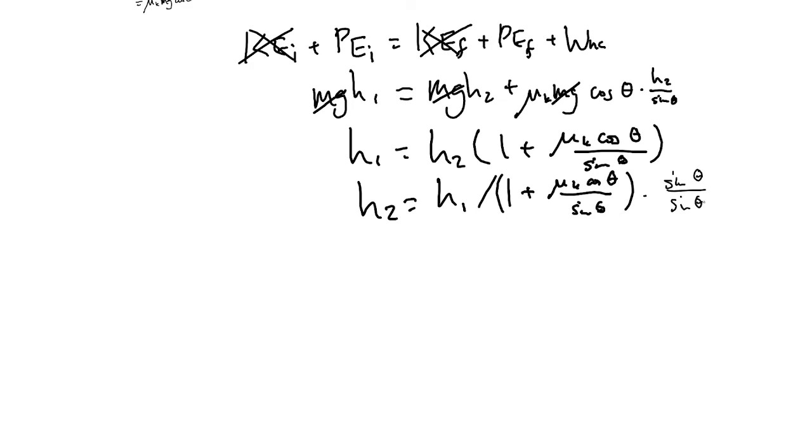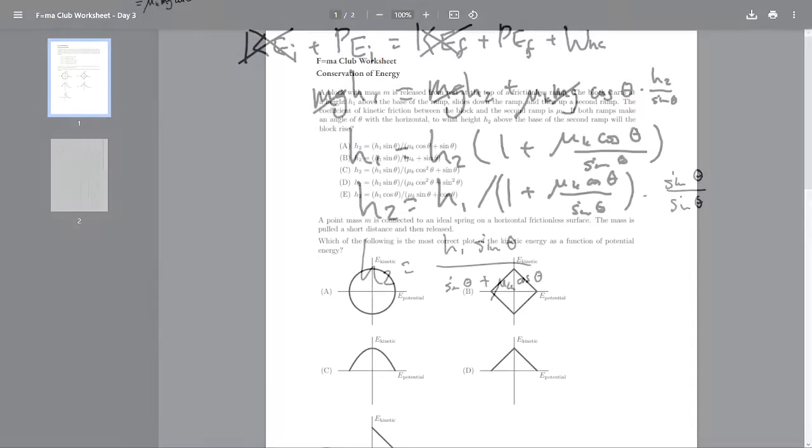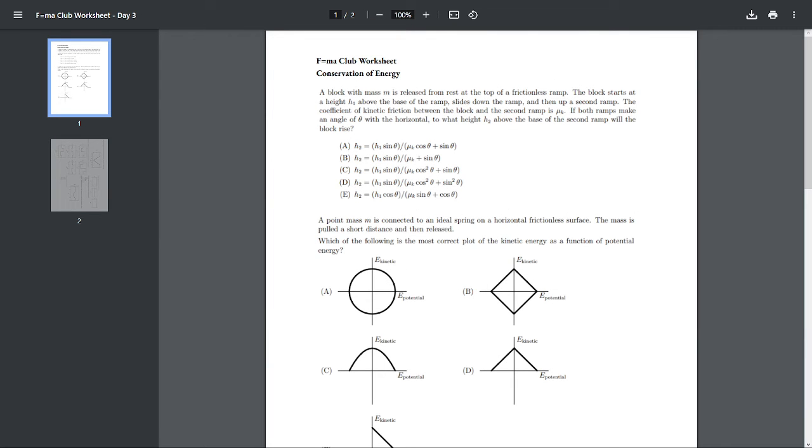So h2 is equal to h1 sine theta divided by sine theta times 1, which is sine theta, plus mu k cosine theta divided by sine theta times sine theta, which is mu k cosine theta. If we look back at our work, that will be our answer choice A.